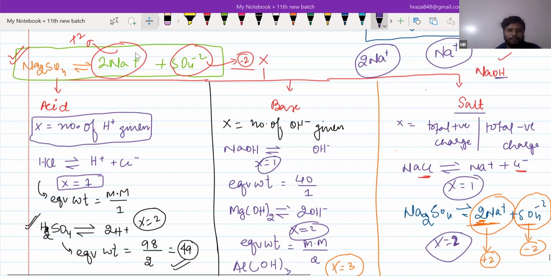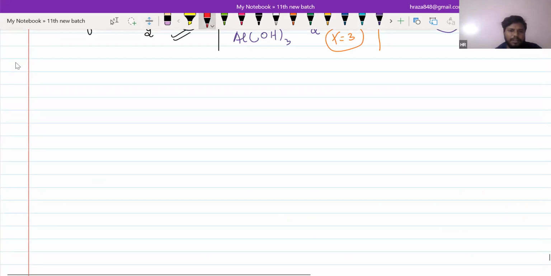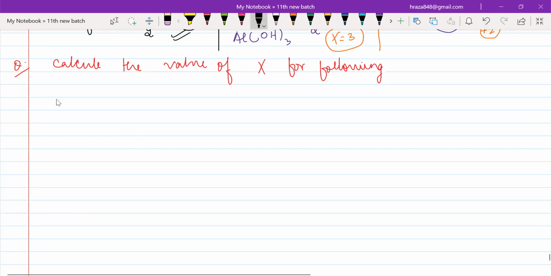Now see, I will just give the molar mass, you can easily calculate. So calculate the value of X for the following. You need to calculate only X. Okay, sir.